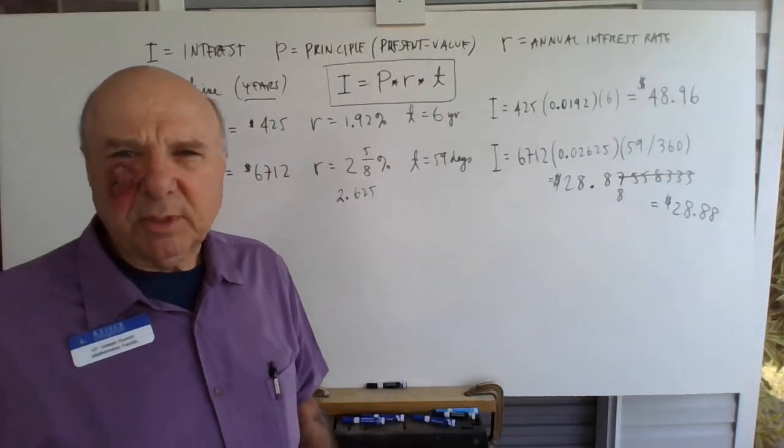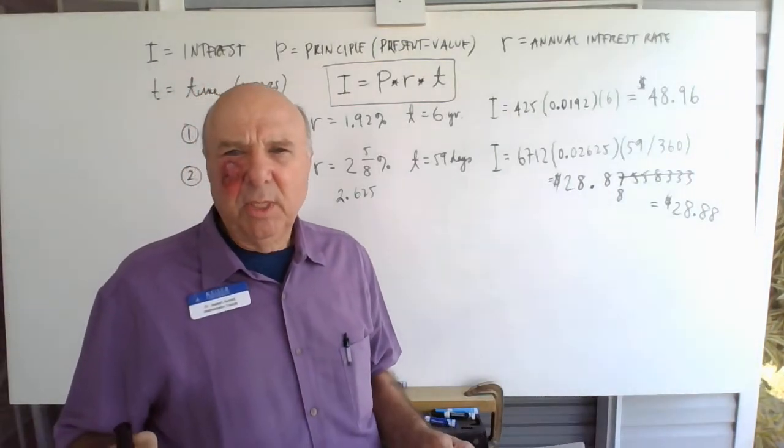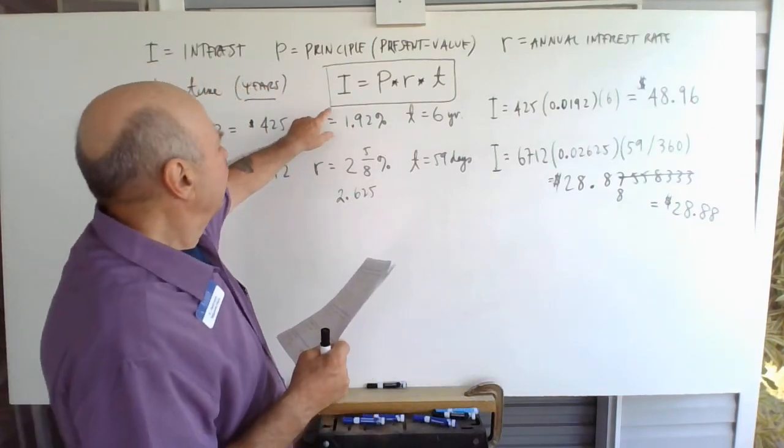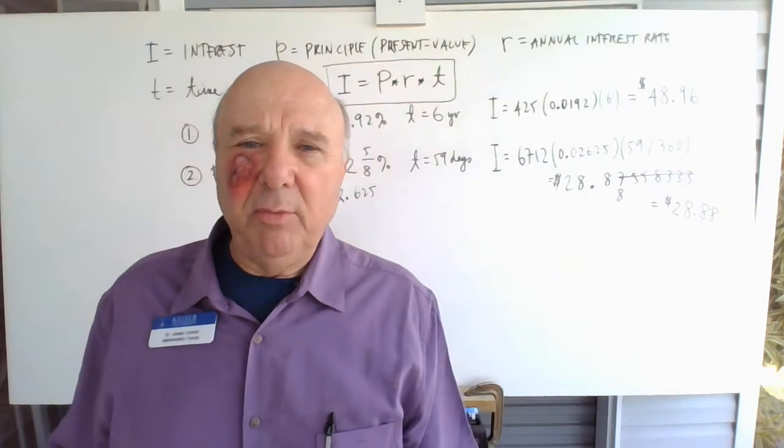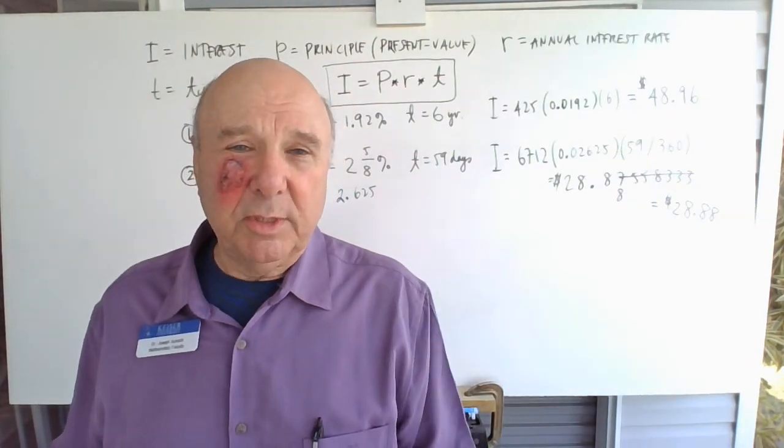Okay, sometimes you'll see on the quiz, you have 4 items. We won't necessarily give you P, R, and T. We may give you 3 of the other ones, and one of them is missing.